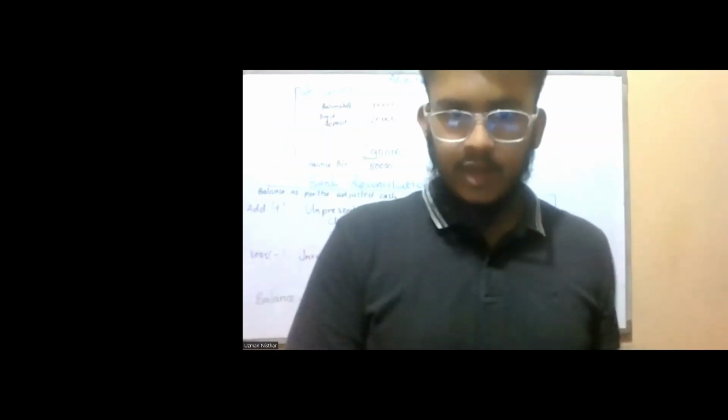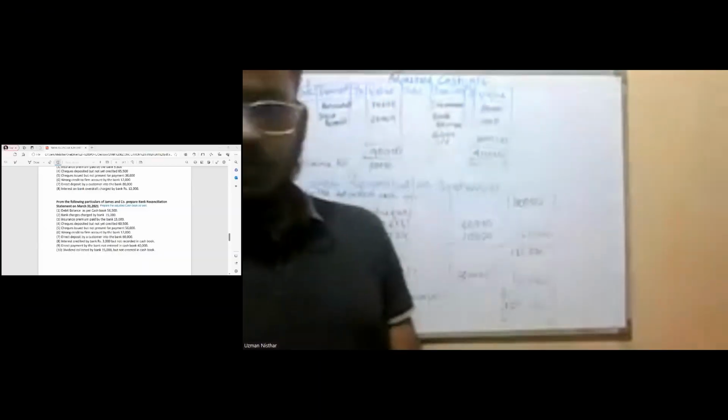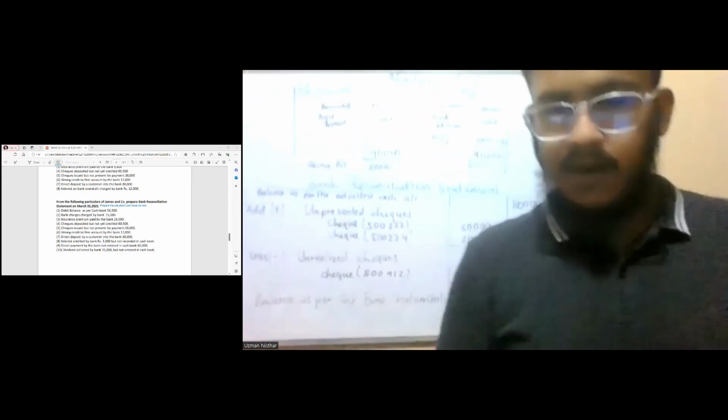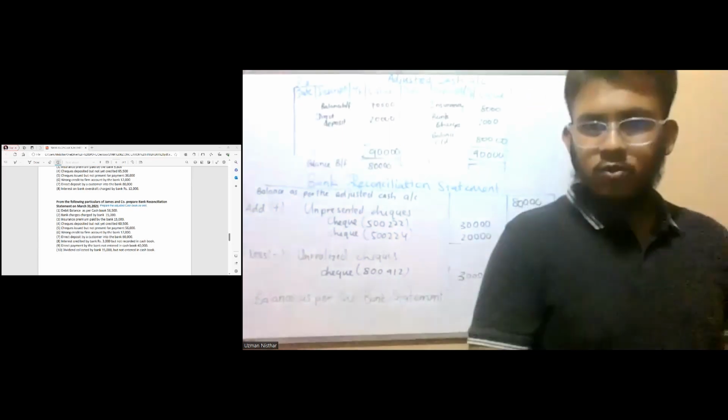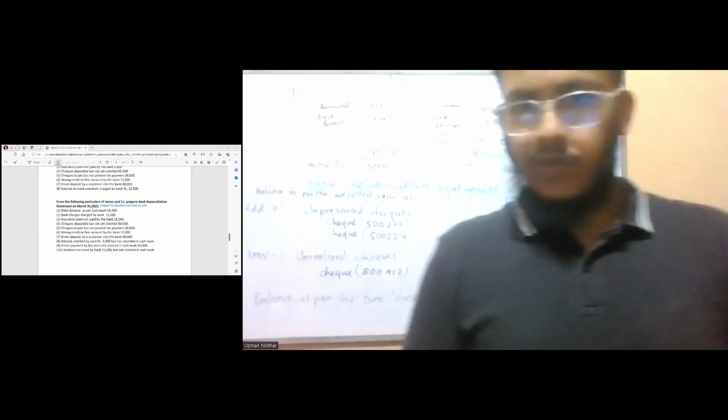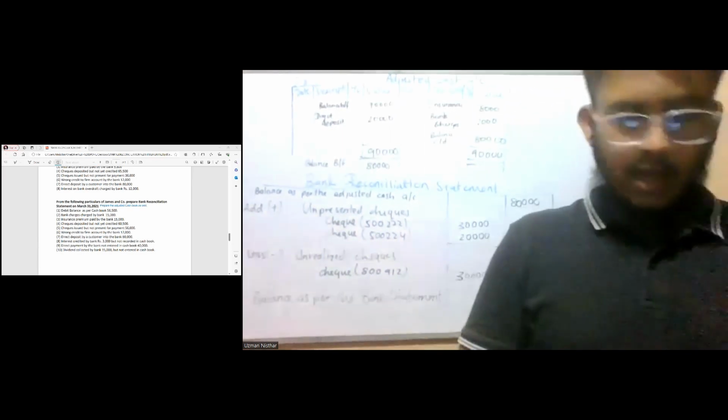Yeah. Now let's do this question. In this question they have only required the bank reconciliation statement. I included the adjusted cash book also. So let's see. Let's do this question.